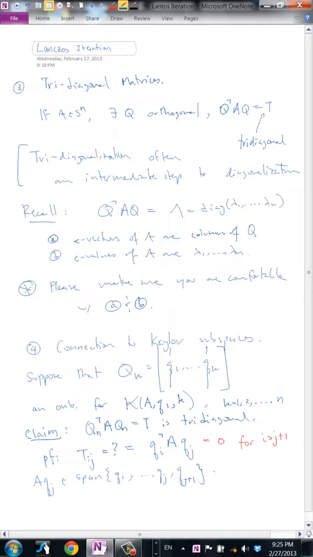But moreover, by orthogonality of the Qj's, this has to be perpendicular to Qi if i is bigger than j plus 1. So therefore, the result follows. We also have a symmetry argument in there. Symmetry is used. Okay, so these are the basics that we need.